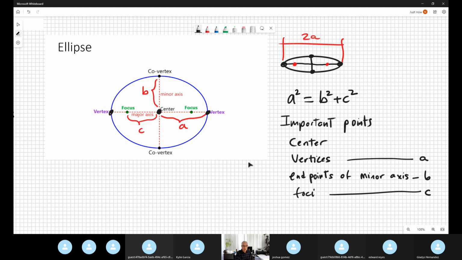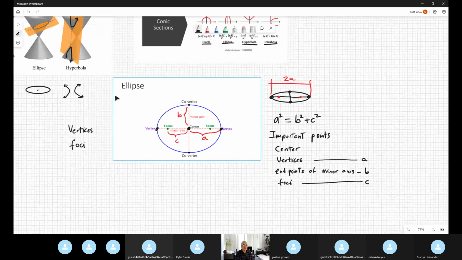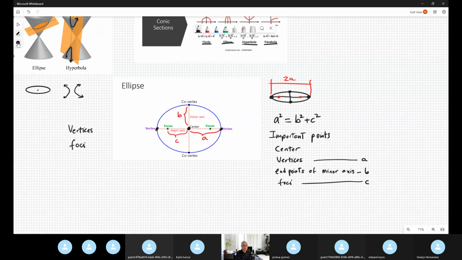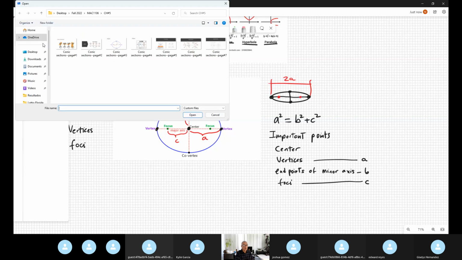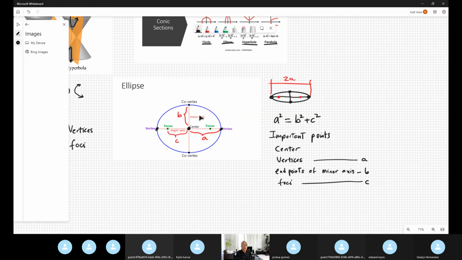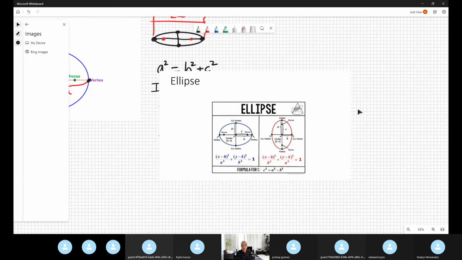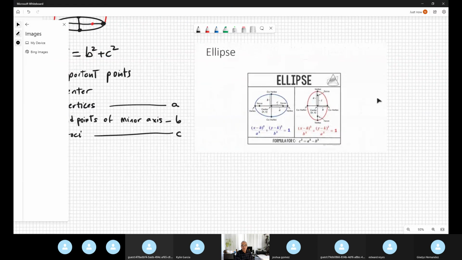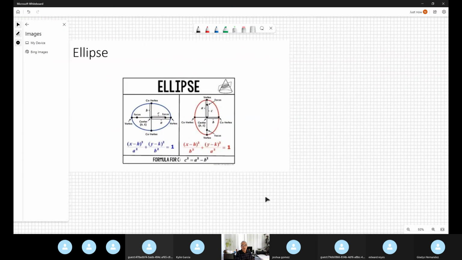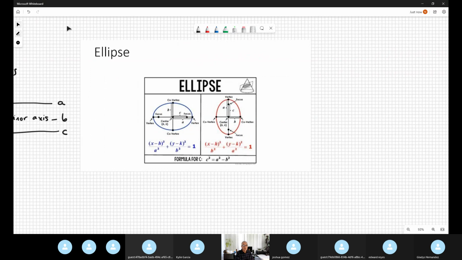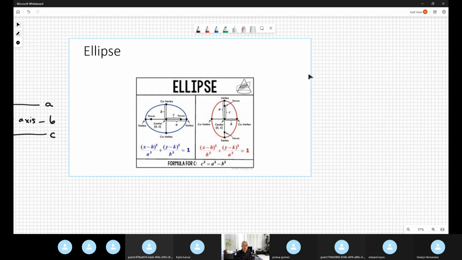However, to understand the ellipse much better, before starting an example, of course, I need to present to you the two kinds of ellipses we can find. Look, we have two. Why two? Because of the position of the major axis.